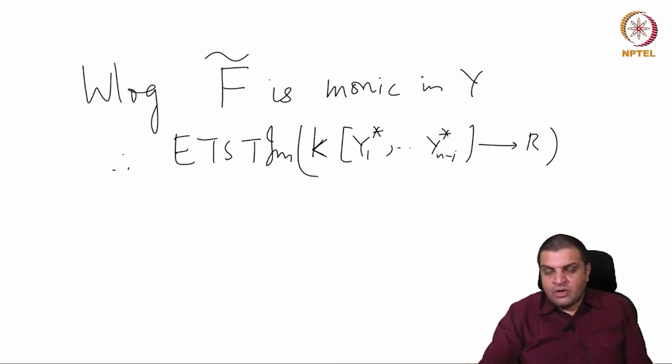If we had yn also and took its image, it would be all of R. But because of this, we don't need to worry about all of R. We can just remove that yn and look at the subalgebra that this one generates inside R.